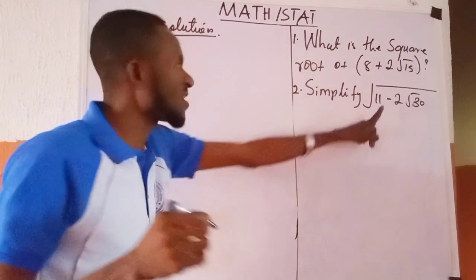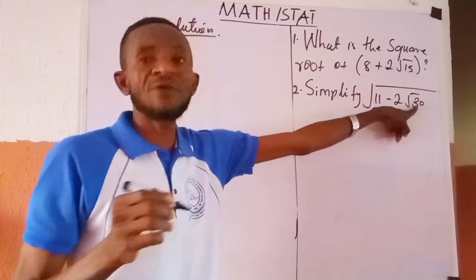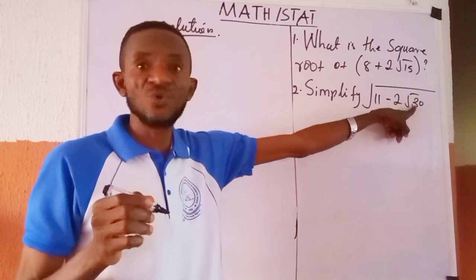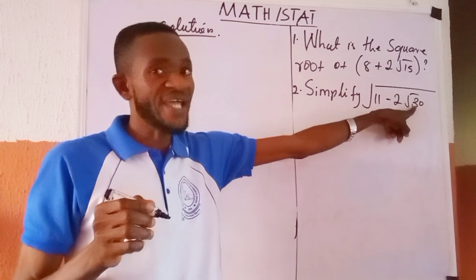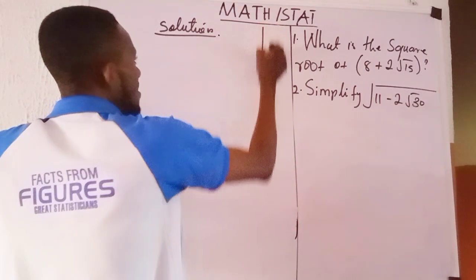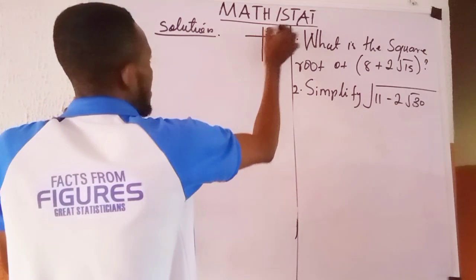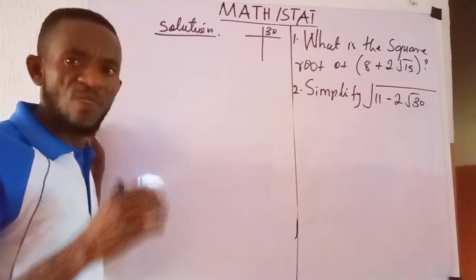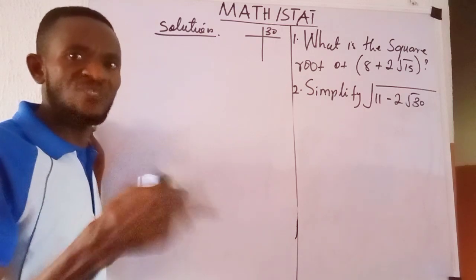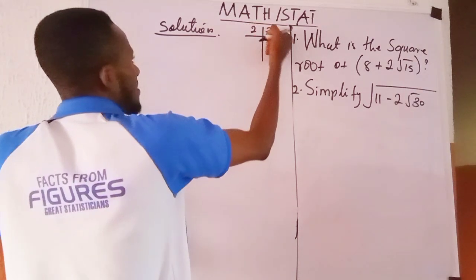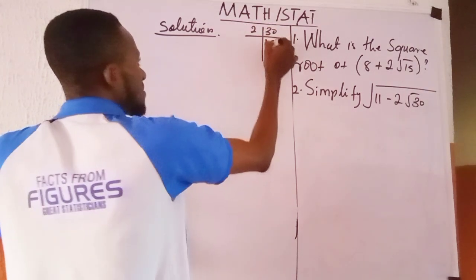I also encourage you to bring out this 30 and first of all break 30 into what? Into 2. To break 30 into 2, what I'm going to do is this. I'll write 30 here. I'll ask myself, aside from 1, what is a number that can divide 30 without remainder? That is 2. I'll now write 2. 30 divided by 2 is 15.